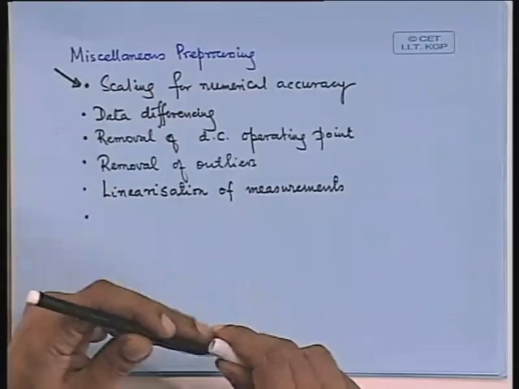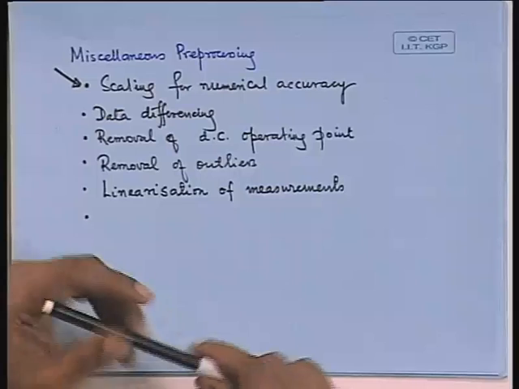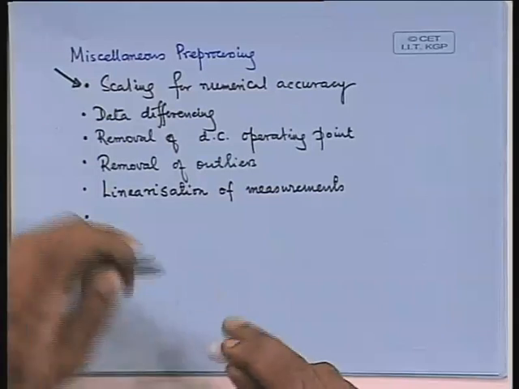If you have fixed point arithmetic, you have to compromise between dynamic range and resolution. You can't do both. So if you have 10 bits and you want to increase your dynamic range, then your resolution will suffer, which actually does not happen in floating point. So a lot of times you are going to use fixed point hardware.